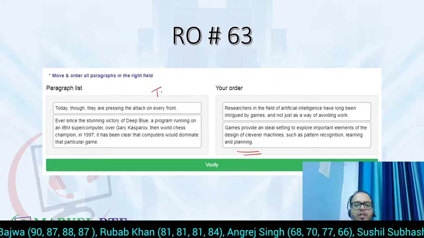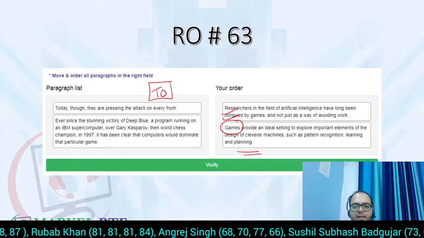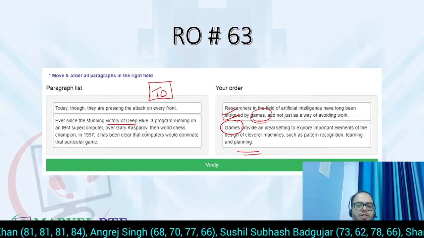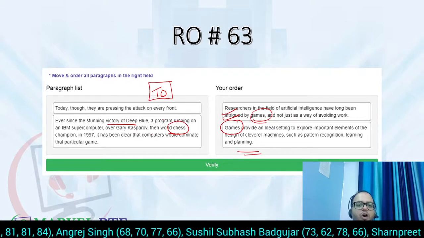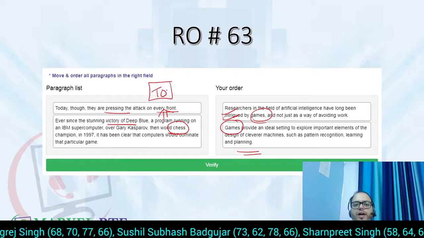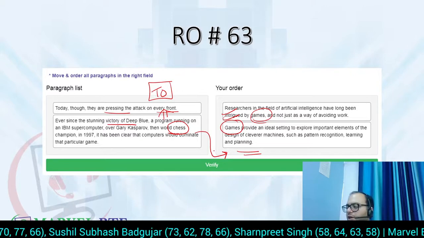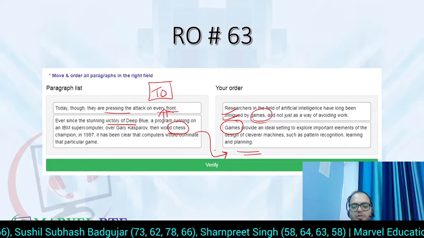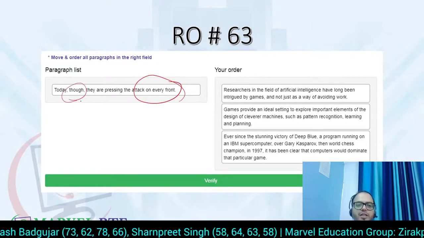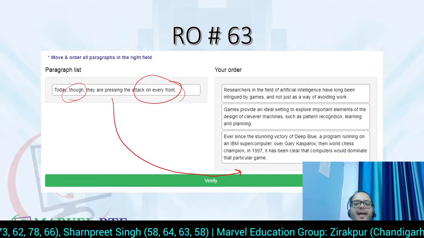See, depending upon our TO strategy also, यहाँ पे आप games की बात कर रहे हो, यहाँ पे भी आप games की बात कर रहे हो, right? और यहाँ पे भी chess की बात हो रहा है, example दिया जा रहा है, तो chess भी तो आपकी एक game ही है. और यहाँ पे अब आपका बात हो रही है बाकी fronts पे भी. तो TO strategy के हिसाब से भी पहले आपका सिर्फ एक टॉपिक डिस्कस होगा, उसके बाद आपका सेकंड टॉपिक डिस्कस होता है, राइट? तो अब दिस इज द सेकंड टॉपिक, वैसे भी कंट्रास्ट है, सेकंड ओपिनियन है एंड एक ही लाइन बची हुई है, सो दैट इज गोइंग टू कम इन द एंड.